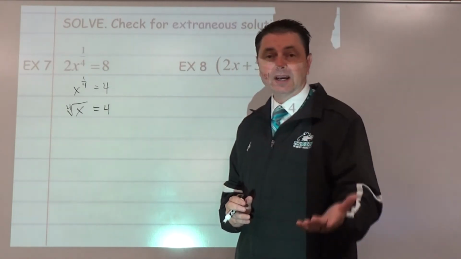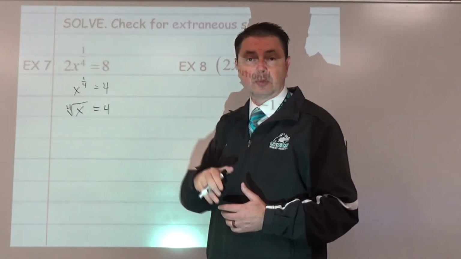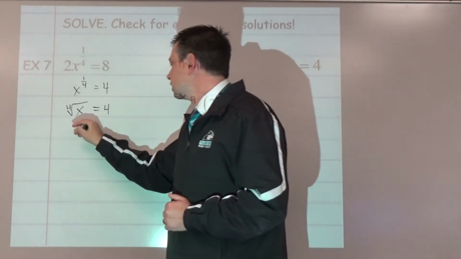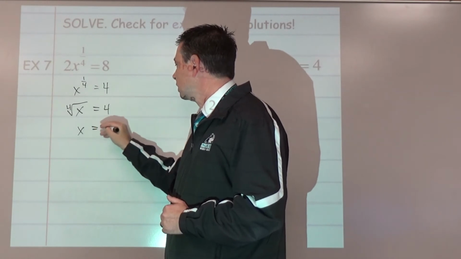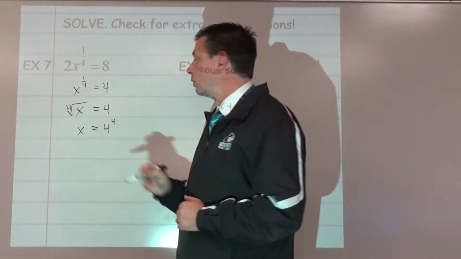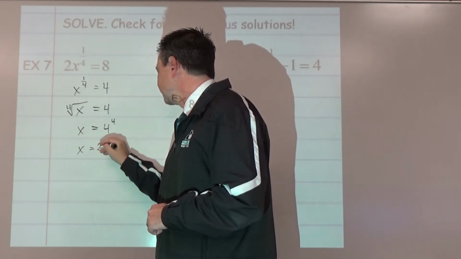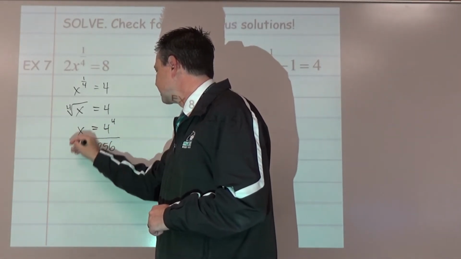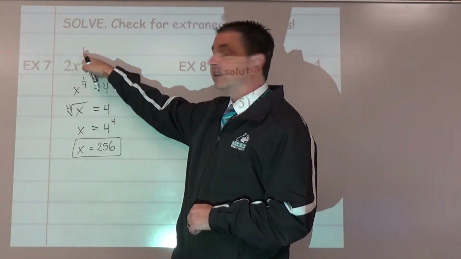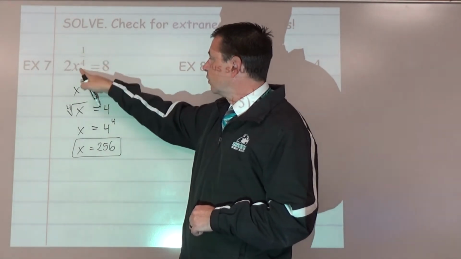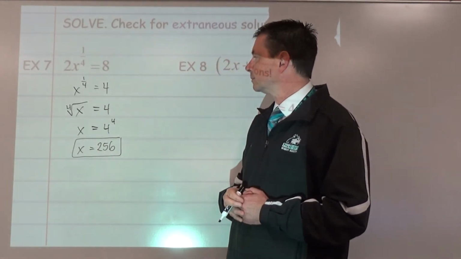And then from there, undo the root, we could raise to the appropriate power. So that would be the 4th power. Raise to the 4th power, raise to the 4th power. I believe that would mean x is 256. So 256, take the 4th root, is 4, times 2 makes 8, and it works.